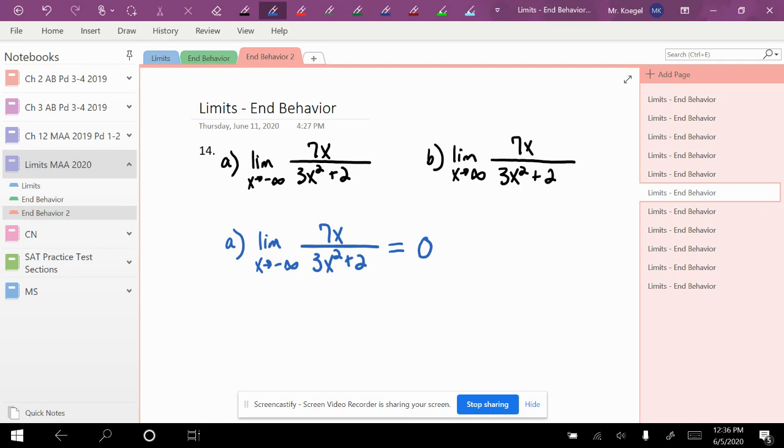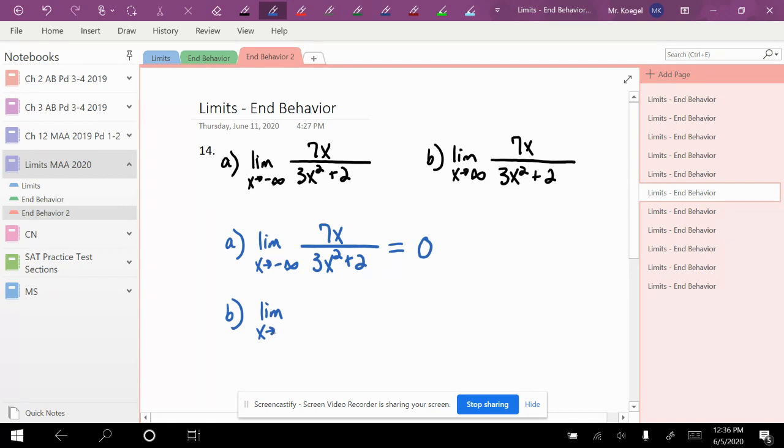Just based on the fact that the numerator is linear with a positive coefficient and the denominator is quadratic with a positive coefficient. So a lot of that reasoning comes into knowing how y equals 7x behaves and how y equals 3x squared plus 2 behaves, and then again the interaction between the two. Okay, we don't need to know what the graph of 7x divided by 3x squared plus 2 looks like in order to evaluate this limit.